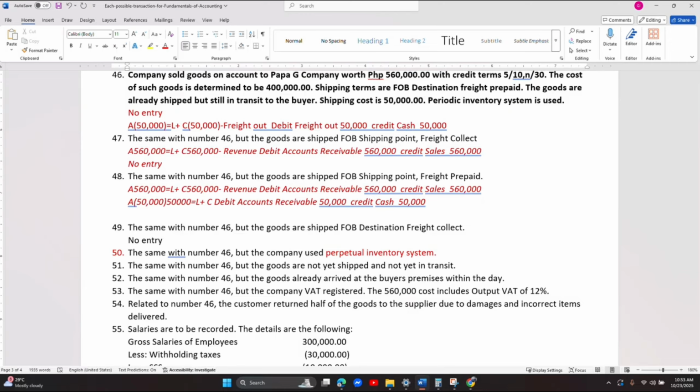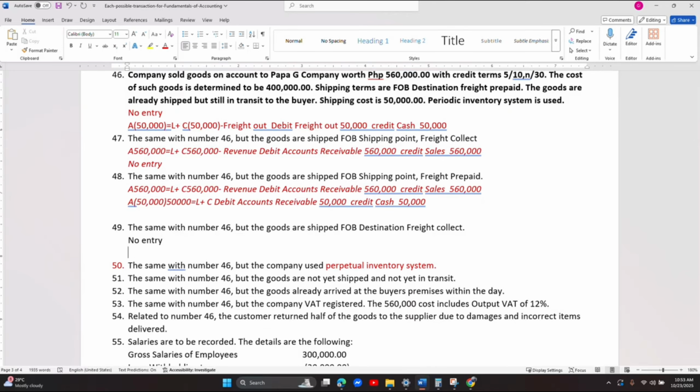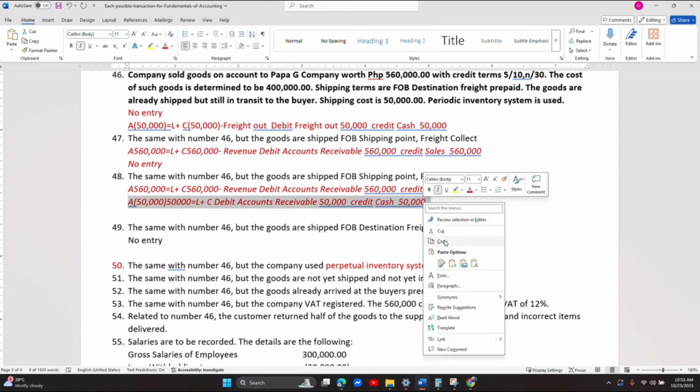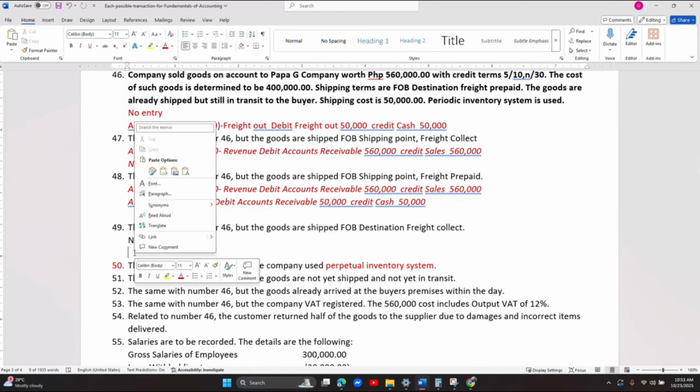That's FOB destination. Okay? And as to freight collect, if the buyer paid for the freight, there will be an entry on your part, especially if the buyer paid in advance. For example, the buyer paid in advance, really. So what will happen?